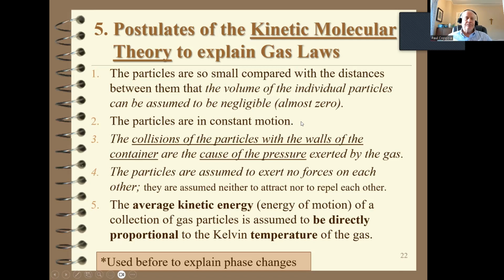The only time, theoretically, where the particles would cease motion is if you got to absolute 0 Kelvin. You can't get to that. So the particles never stop moving. Constant motion. Number 3, you should know that the pressure of a gas exerted is due to the collisions of the particles against the walls of the container.